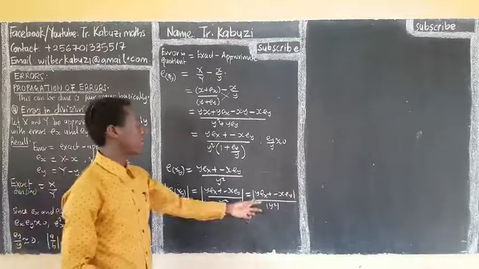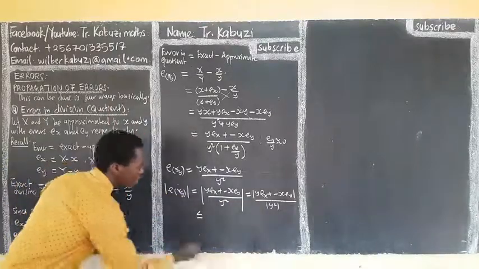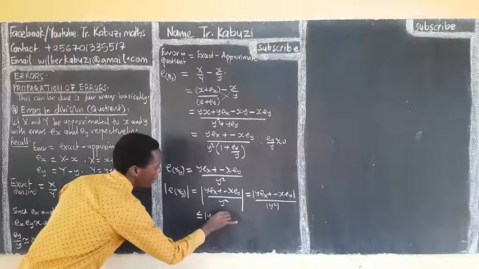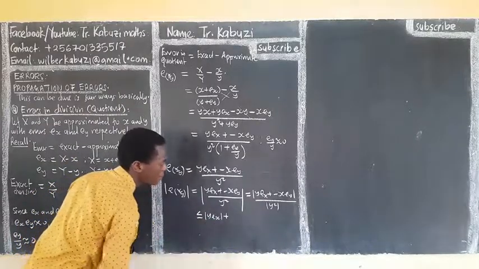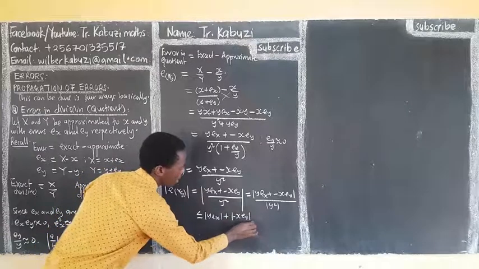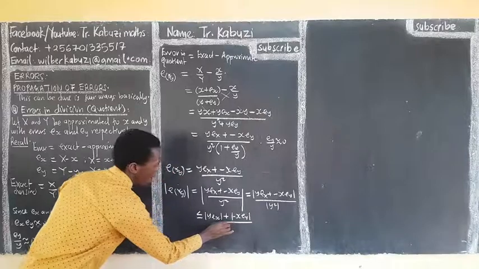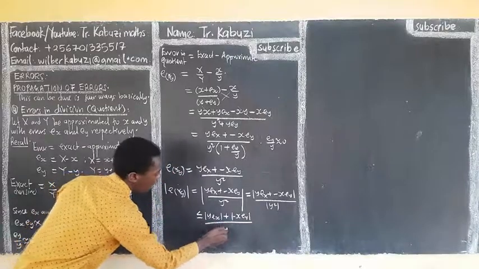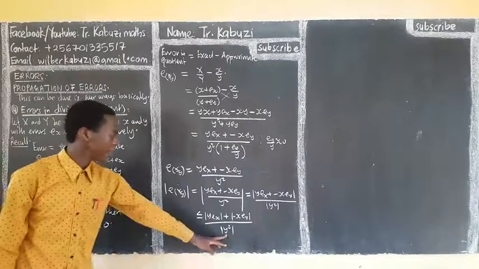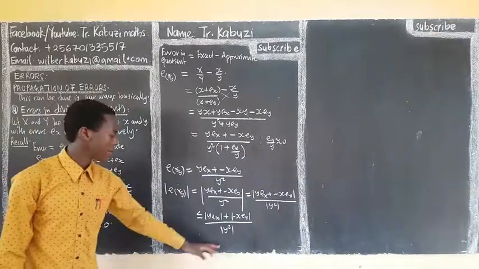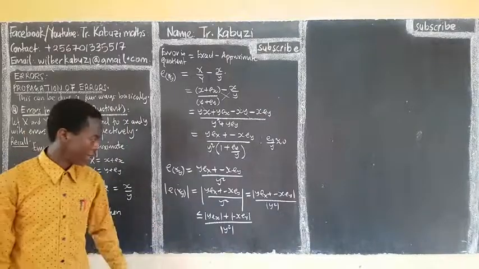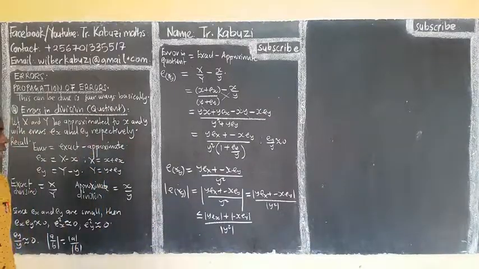This would be less or equal to, if I separate these two, modulus of y ex plus modulus of negative x ey, now all over y squared. Now we divide this here and also divide this there, as we are going to see what will happen after that.